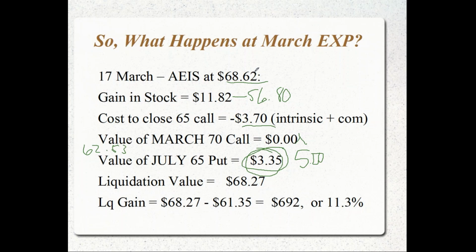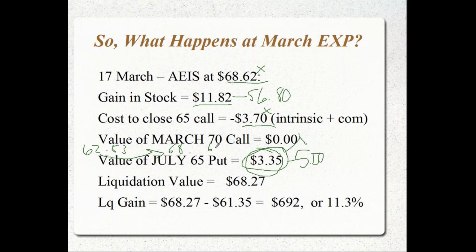So what do we liquidate? We sell to close our stock at 68.62. It's $11.82 gain, but I got to pay $3.70 to close the call, and I could sell to close the put at $3.35. So we lost $1.65 on the put. But the stock moved from 62.53 to 68.62.